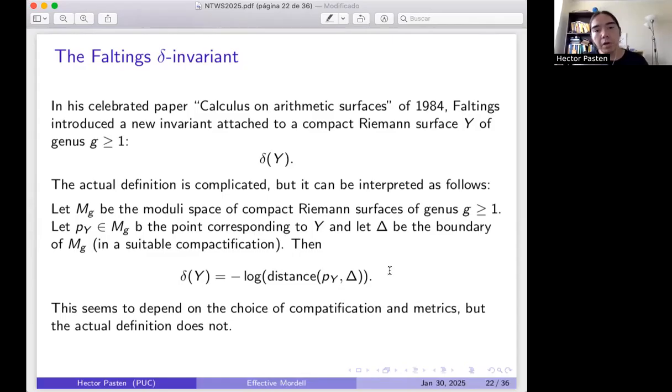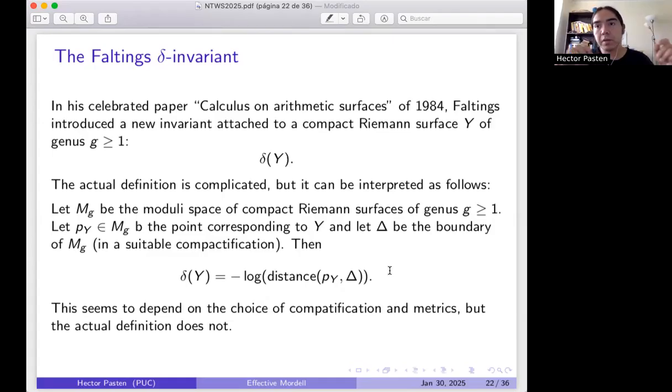You take the moduli space of compact Riemann surfaces of genus g, and associated to your Riemann surface, there's going to be a moduli point in this space. And you can try to measure the distance of this moduli point to the boundary of your moduli space, with some compactification. You take that distance and you take minus the logarithm of the distance.